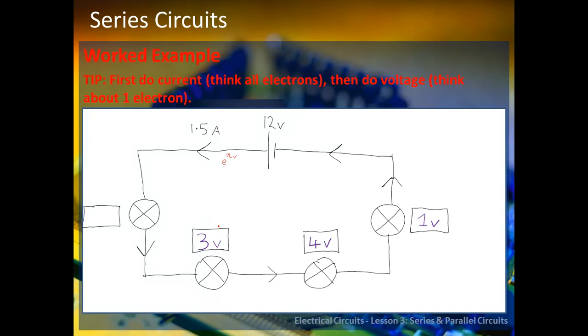It's going to use 3 volts up in the second, 4 volts up in the third, and 1 volt up in the last one. So these 3 bulbs collectively will consume 8 of the volts. That means that this one, in order to get rid of all 12, must consume 4 volts. So we've got 4 plus 3 plus 4 plus 1 gives us a total of 12 volts being used up around the circuit.